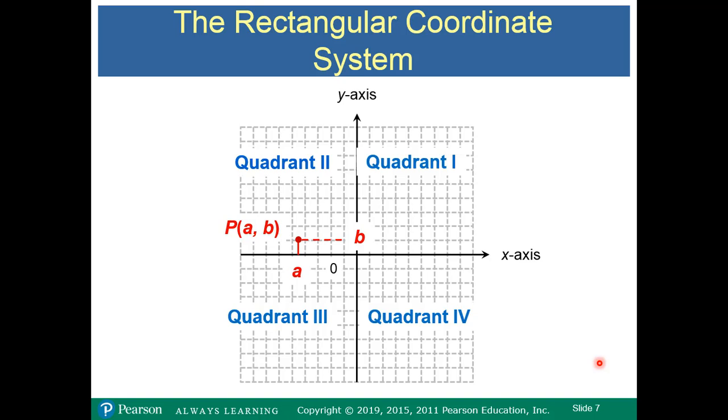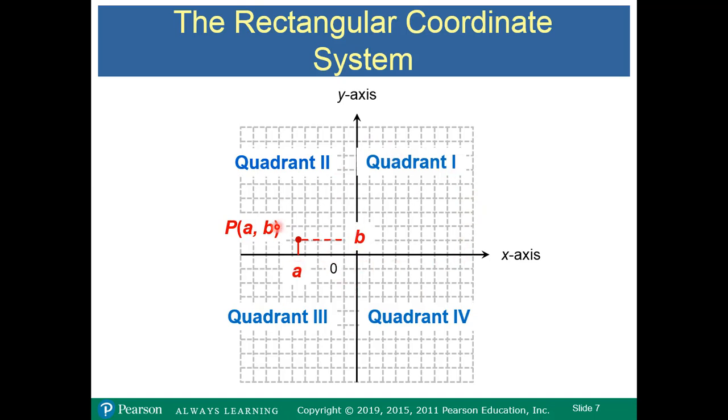Now, the rectangular coordinate system was developed by René Descartes, famous mathematician and philosopher, by which we can locate any point in a grid if we know how many units in one direction and how many units going in the other direction if we look at two axes that are perpendicular to each other.